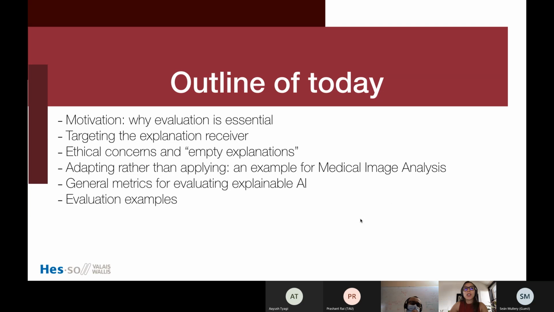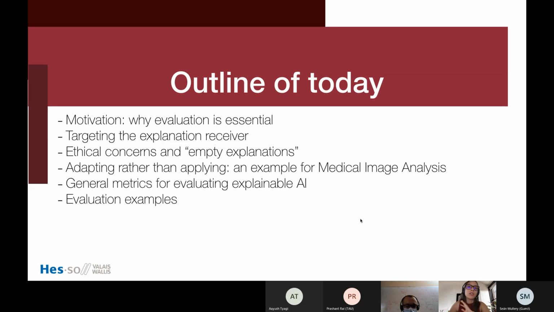The second point I want to make is that it is important to target the explanation receiver. I've said it a million times, but it's still important because so far a lot of the development has been done mostly to address developers, and not all the people that will receive the explanations are comfortable with machine learning theory.